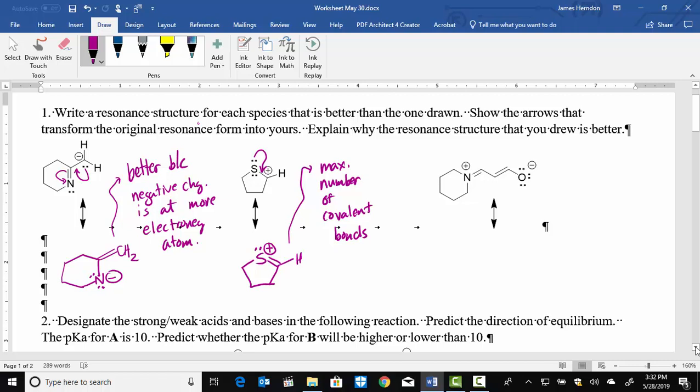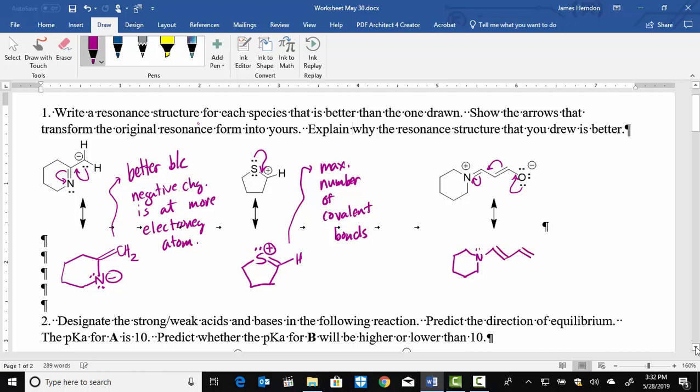Okay, let's look at this one. Here, we can draw a structure where the arrows go like this. I realize there's more arrows in this one than what you're used to drawing.